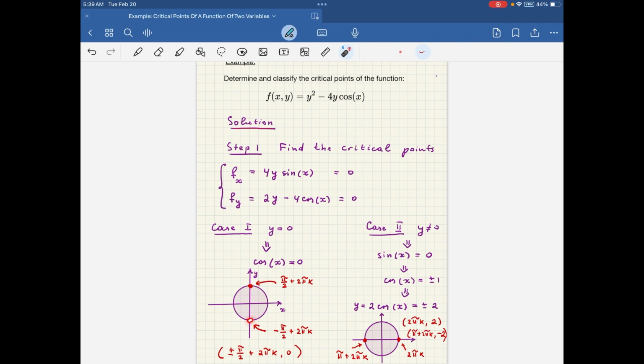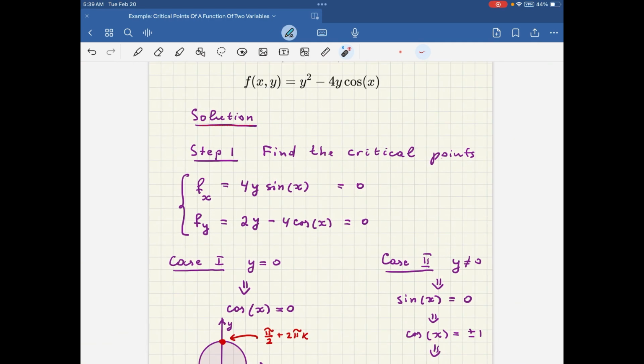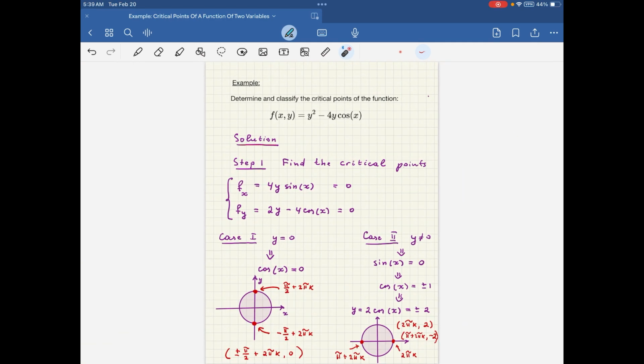And then the other point corresponds to x values negative pi over 2 plus, again, a multiple of 2 pi. And so this is our first series of critical points, where the x coordinate equals plus or minus pi over 2 plus 2 pi k, and then the second coordinate is 0.